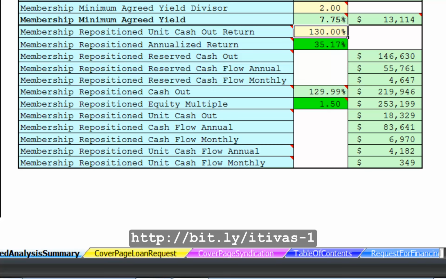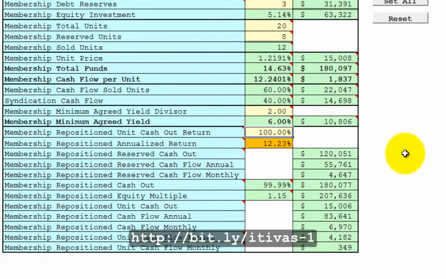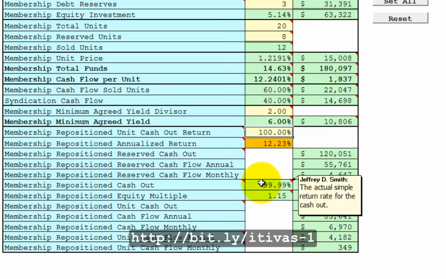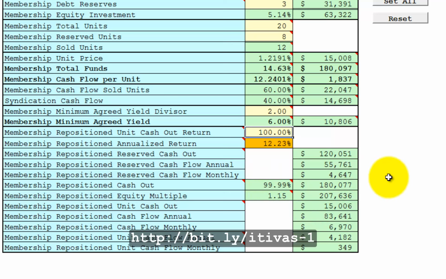For example, if you specify 100%, you'll see that the investment per unit price is $15,008 and the cash out they get is $15,006. That's 99.99% simple cash out at completion of the project through a refinance.